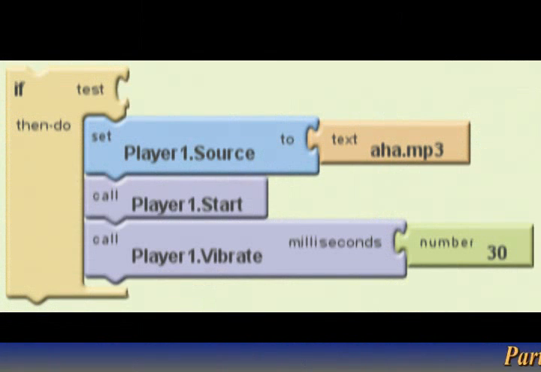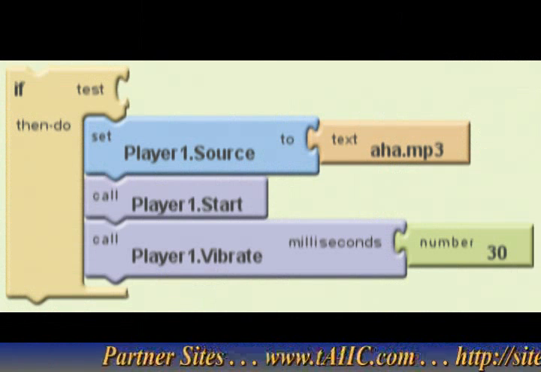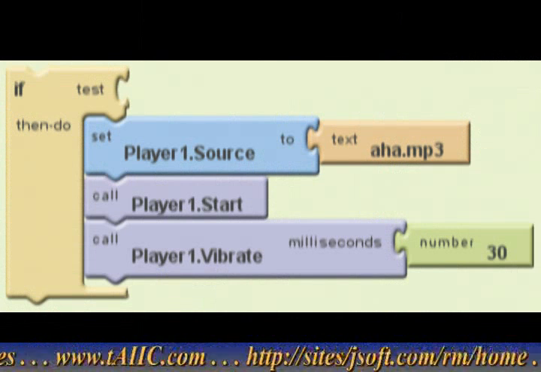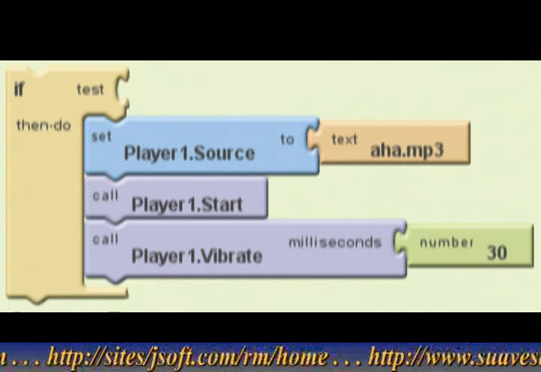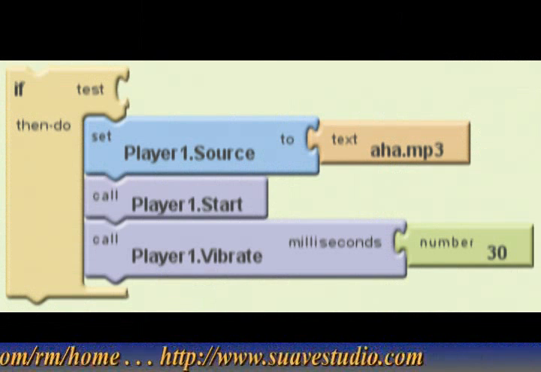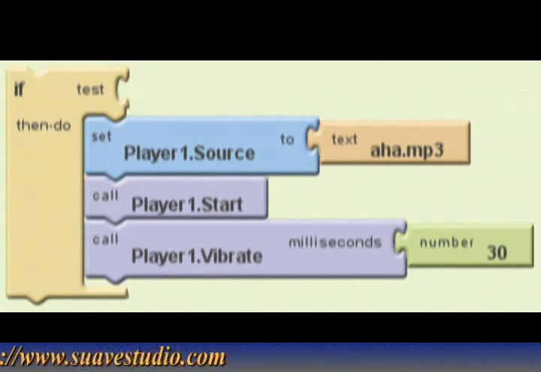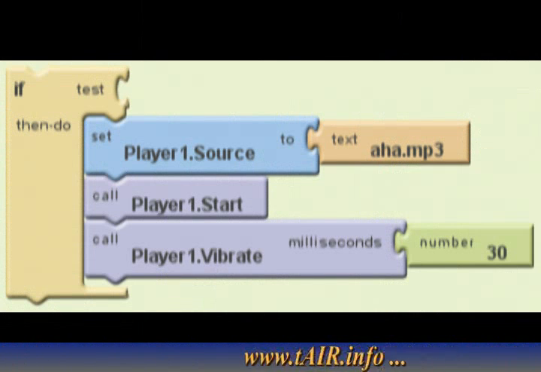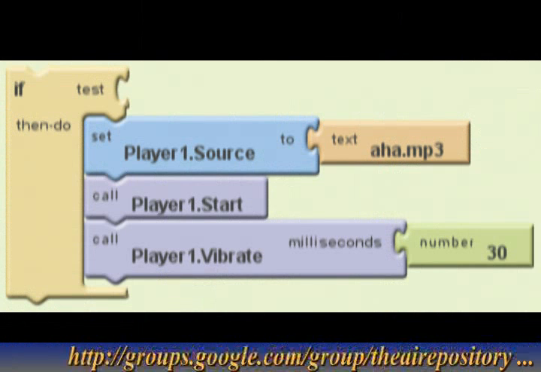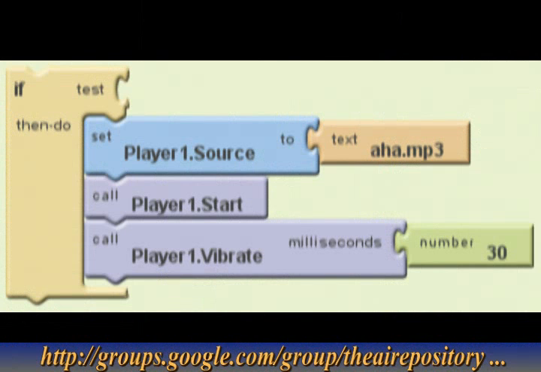In step 6 of this how-to, since all of our button clicks are virtually the same code, we're going to create a little template to make our coding go a little bit faster. So drag an if block out to your canvas, and then in the then do portion of the if block, drag a player1.source set to, and put text as the first name of the file that you're going to play.